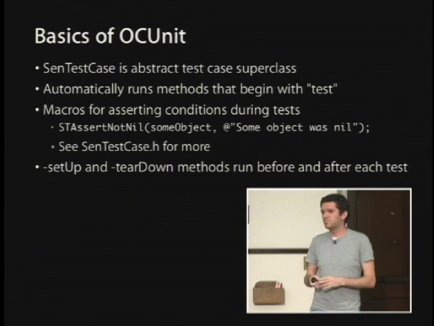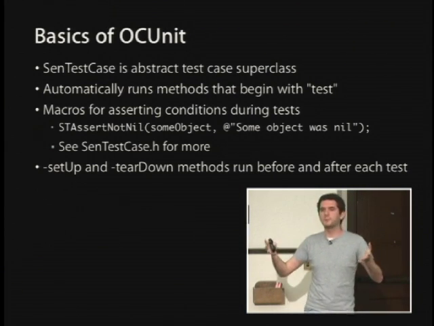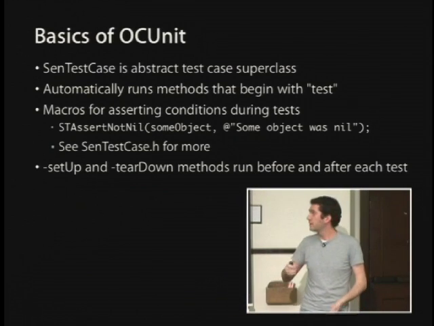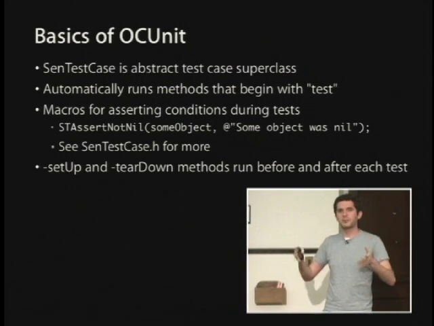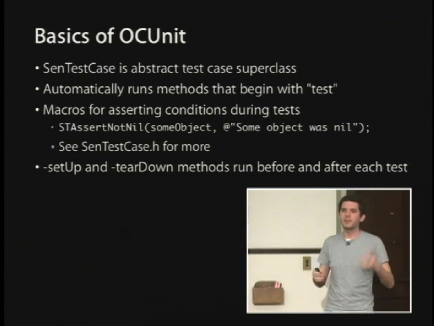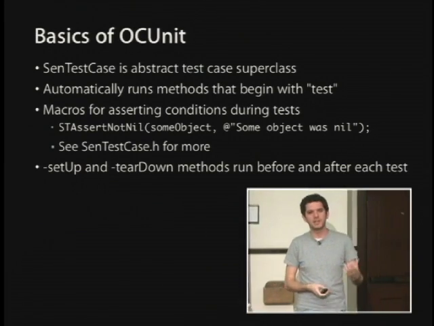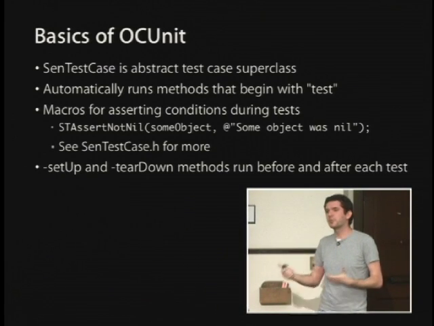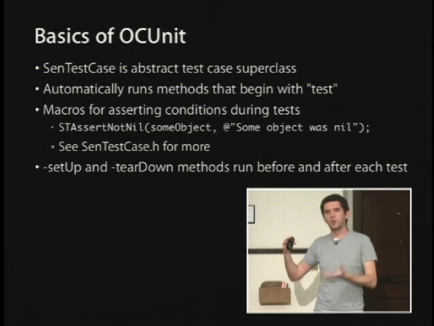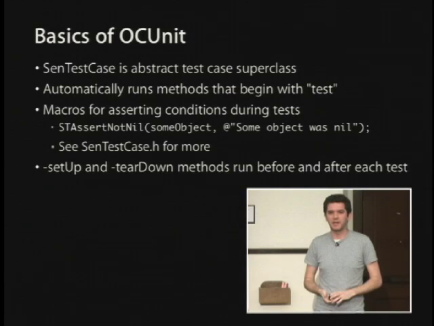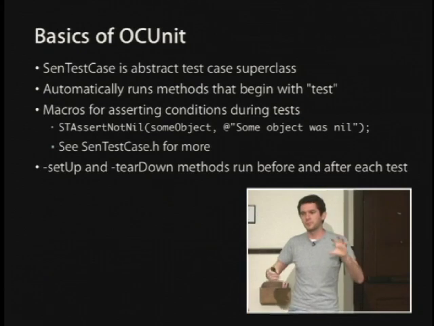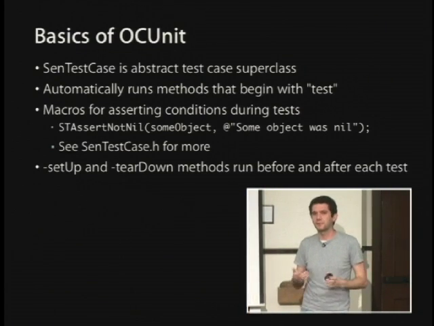So if, for example, you needed to always create this one object that you were going to use in all your test cases, you could create it in setUp and destroy it in tearDown, and then you'd know that every time that one of your test cases got called, you'd have a brand new, just allocated copy of this object, and you wouldn't have to duplicate that code in each test. So that's pretty convenient if you're writing a bunch of tests to verify one particular area of functionality, but you're verifying all kinds of different functionality on one class, and you always want a new copy of that class for every test case.